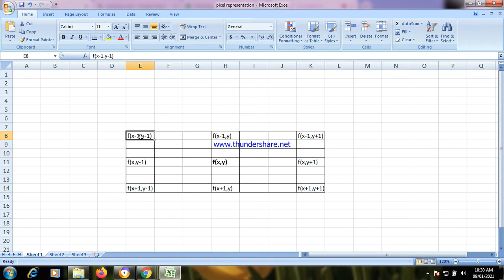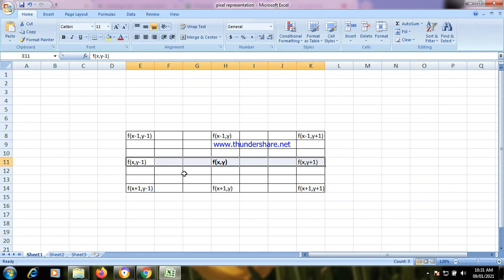If we start from the first row, along the x-axis its x coordinate will remain the same and only the y coordinate will change the value. So f of x minus 1, y minus 1, f of x minus 1, y, f of x minus 1, y plus 1. So the x coordinate is remaining the same here. Similarly, check the second row.